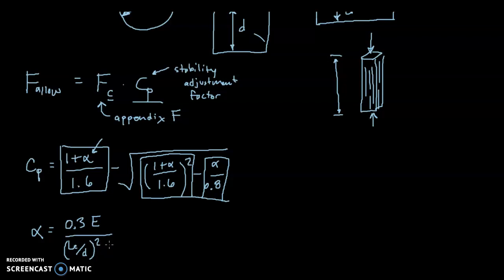We're going to square that and then multiply it by the allowable stress in compression parallel to the grain. So this gives us alpha. Alpha goes into the stability adjustment factor formula. We take the stability adjustment factor and multiply it by the allowable stress, which gives us the actual allowable stress for the column. Modulus of elasticity, again, just like allowable stress, can be found for our particular species of wood in Appendix F.